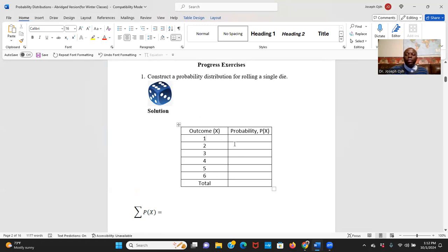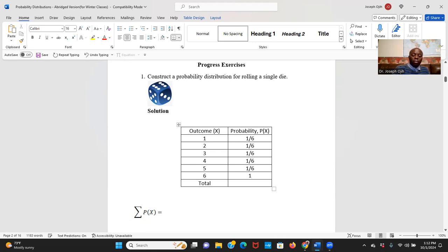Now the corresponding probability for each of them is 1 out of 6 chances. For 3 showing up, the probability when you toss the dice is also 1 out of 6. For all of them it is 1 out of 6 chances.